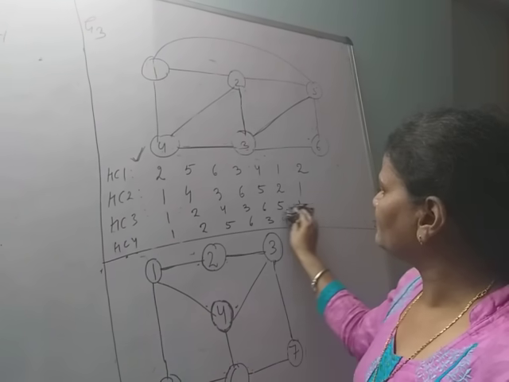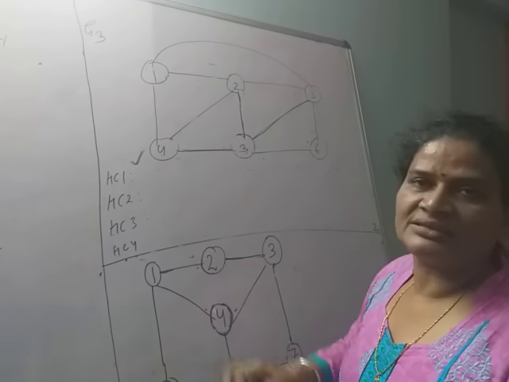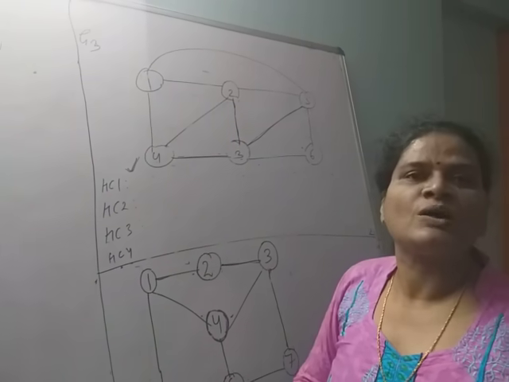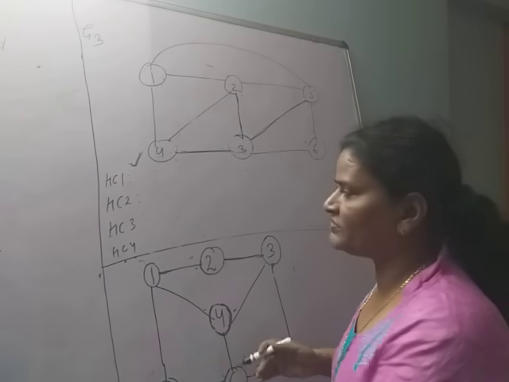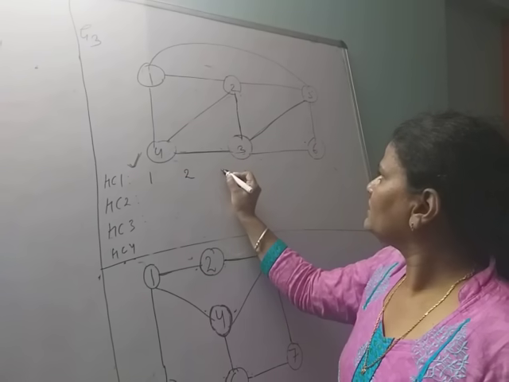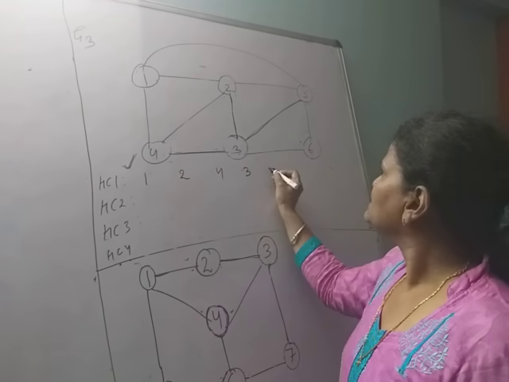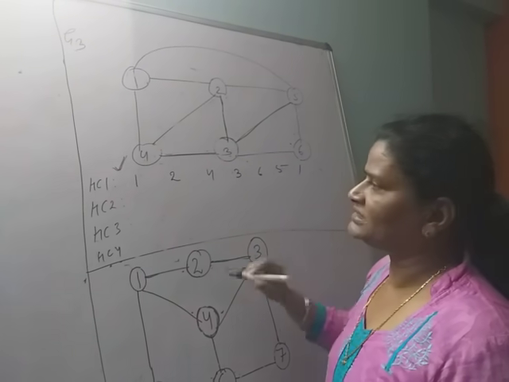Suppose in this graph I always take the start vertex as 1. What are the different possible cycles? 1, 2, 4, 3, 6, 5, 1 is the first cycle.